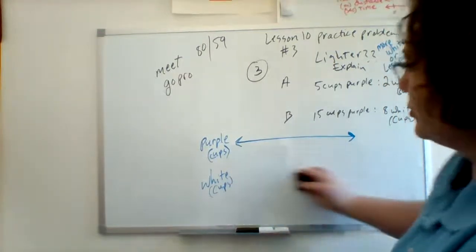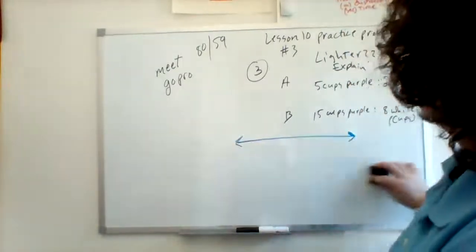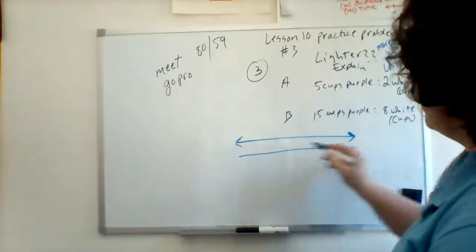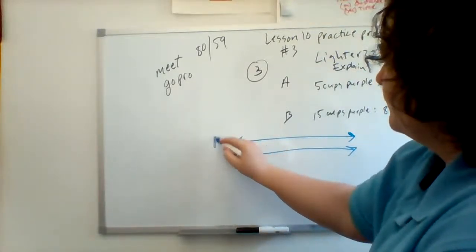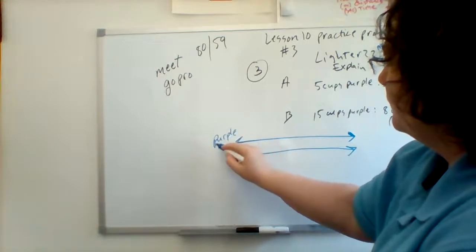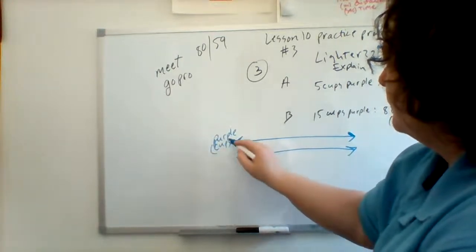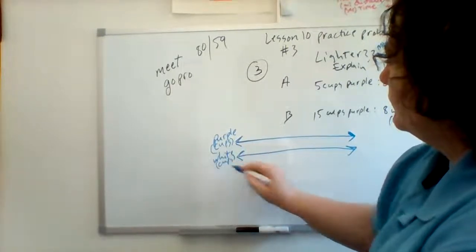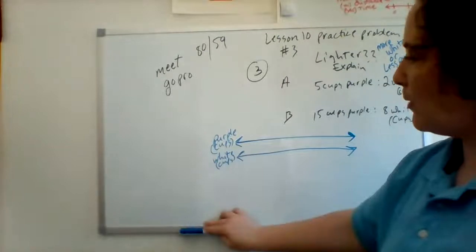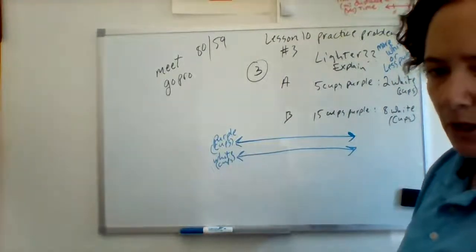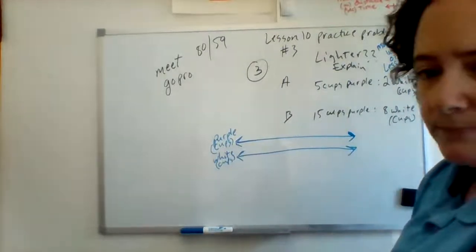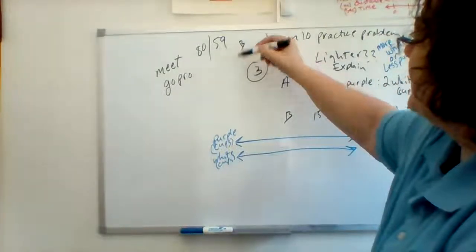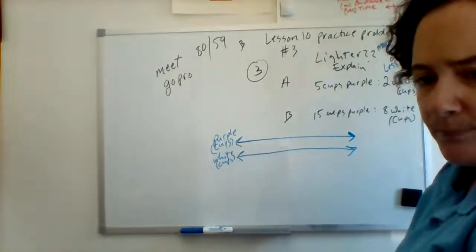But I have two mixtures, so I need to write smaller. And I don't want them to get mixed up, so I'm going to do them in a different color. Okay, good. That looks good. You think B is lighter? Okay, I'm going to put that up here. Brian thinks B is lighter.